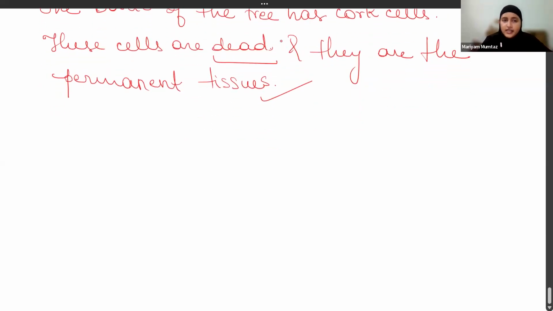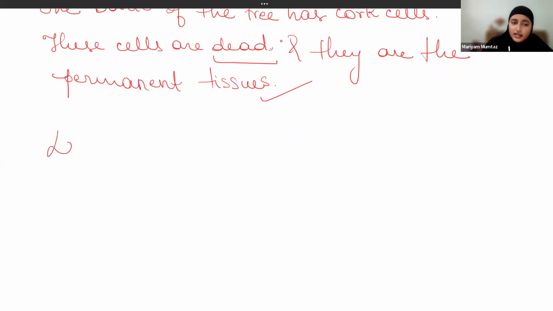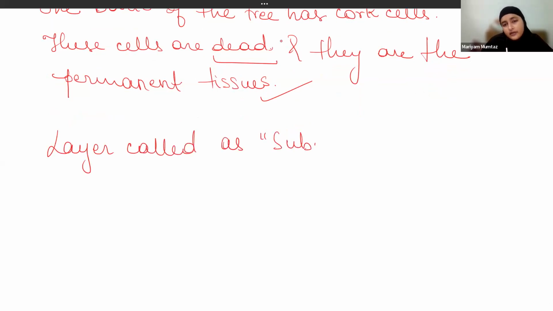All right. Now see, even these cells or these tissues, they also have a covering. They also have sort of a layer on it. And what is the name of the layer? The layer is called suberin. It is present on the cork cells, on the bark of the tree.